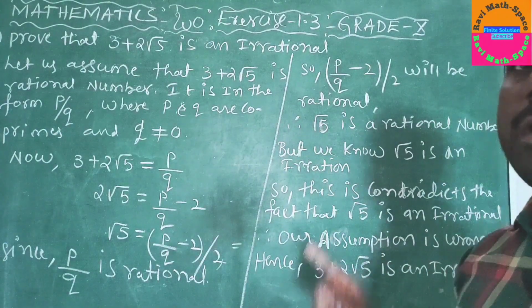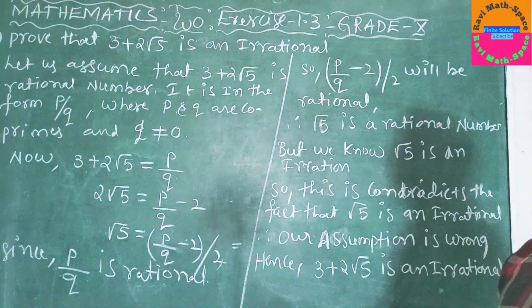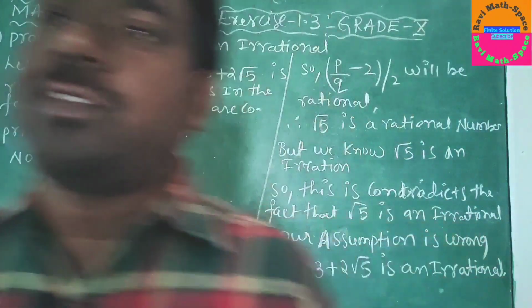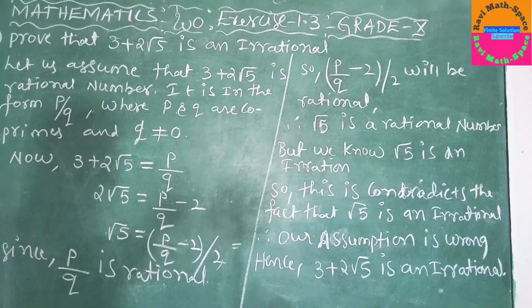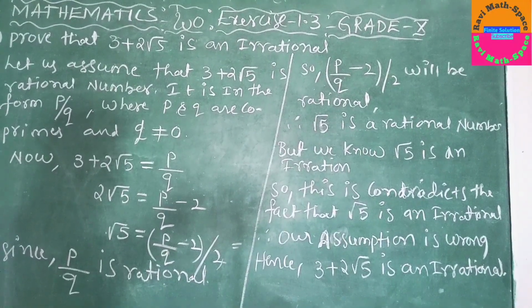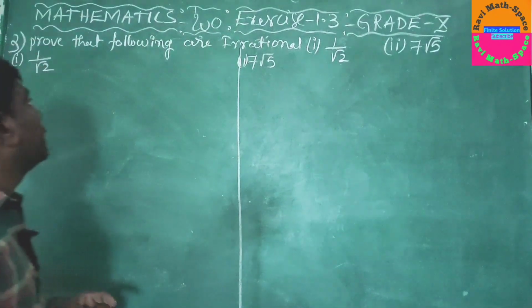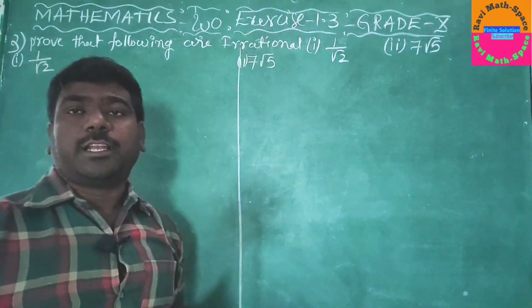If you want, take a quick screenshot. The next question in that exercise, the third question, is: prove that the following are irrational.